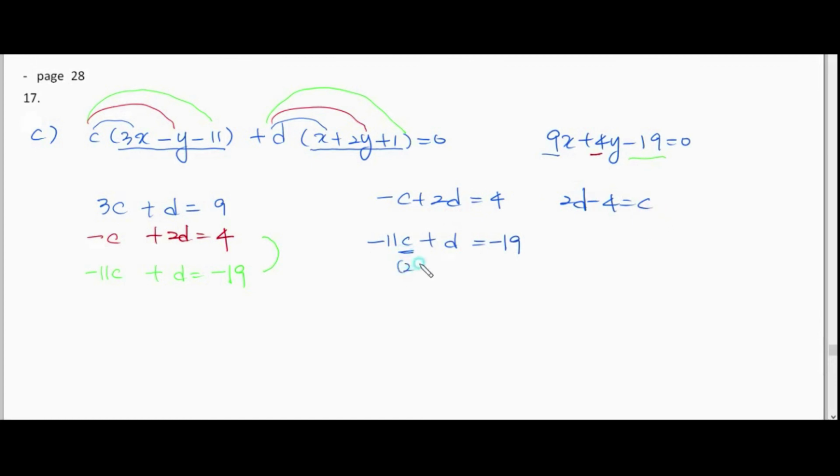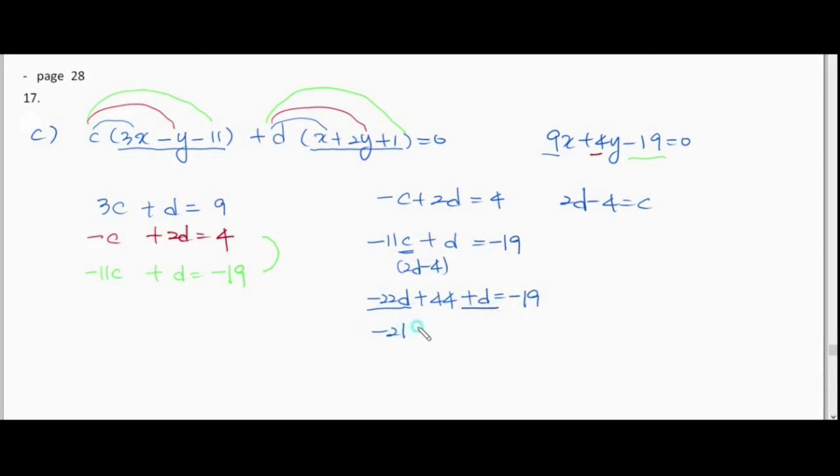So this is 2d minus 4, right? This c right here. Let's substitute it. Then it will be negative 22d plus 44, negative 11 and negative 4. And that plus d equals negative 19. And then let's write this down.